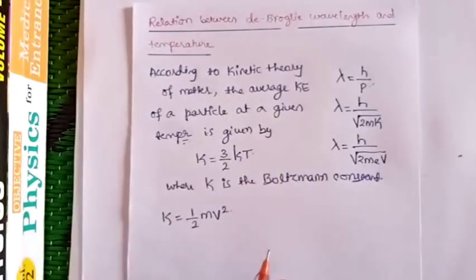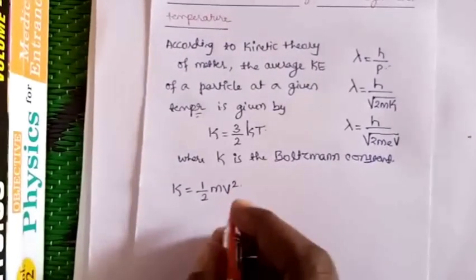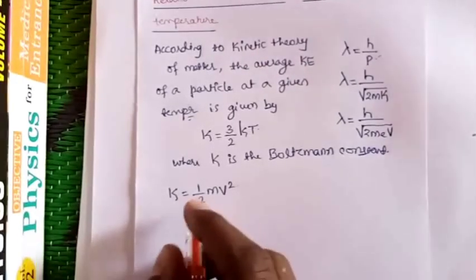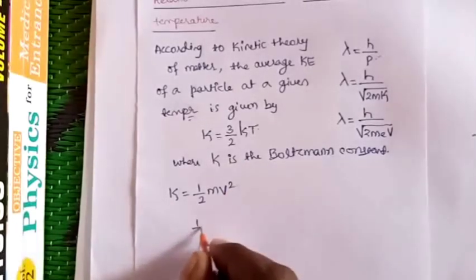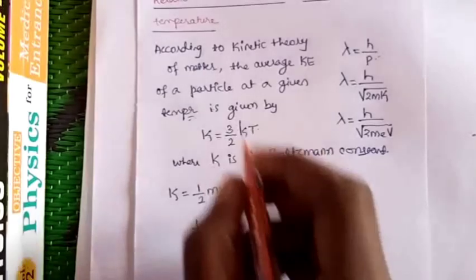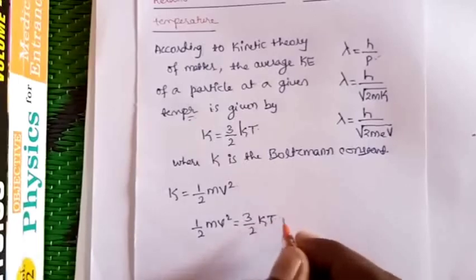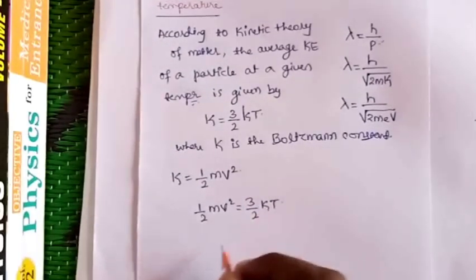Comparing these two equations, we will get 1 by 2 m into v square is equal to 3 by 2 kT. Then here 1 by 2 gets cancelled.